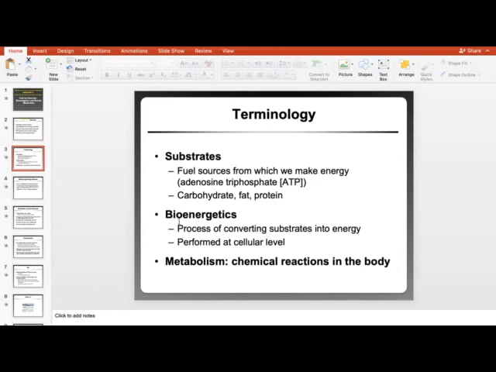Bioenergetics is the process by which all of these carbohydrate, fat, and protein molecules are broken down so that we can gain ATP. We can't store too much ATP, but we can make ATP from other things.